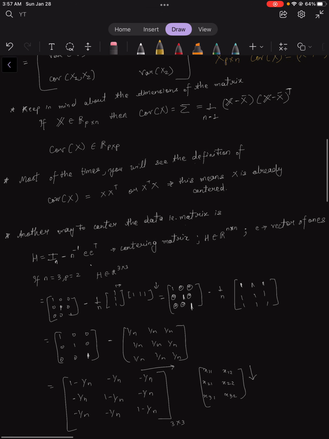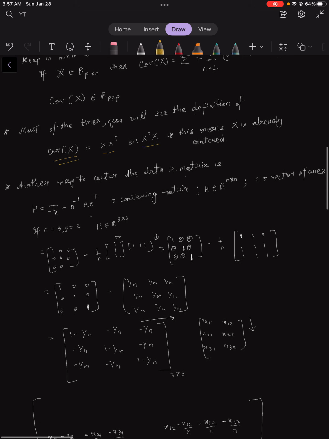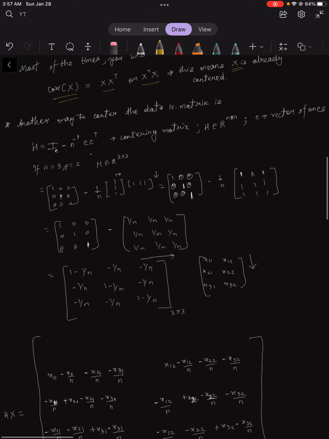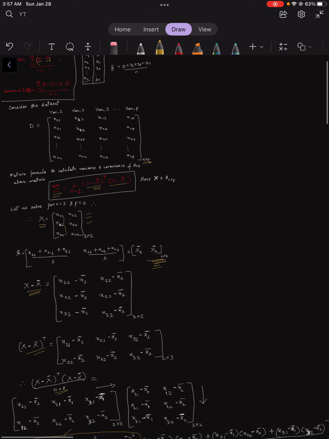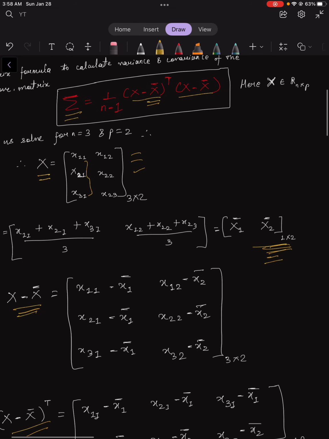Most of the time you will see the definition of covariance of X as XX transpose or X transpose X. This just means that the X they are talking about here is already centered. As I told you, the first step in calculating the covariance matrix is centering the matrix.